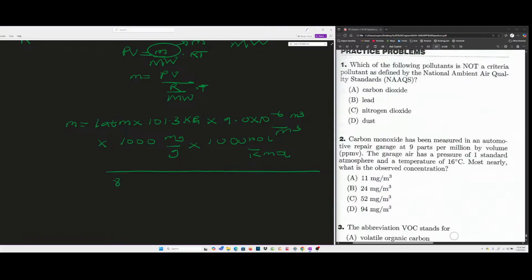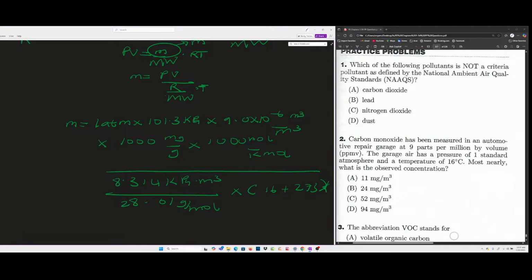So we have R as 8.314 kilopascals meter cube over 28.01 gram per mole, multiplied by 16 plus 273, Kelvin.